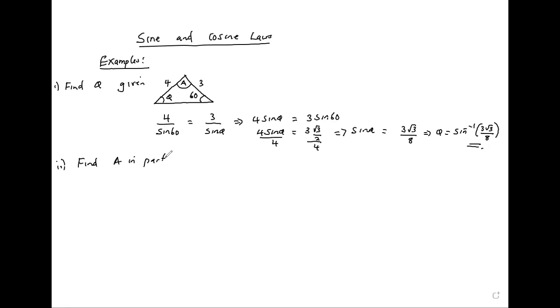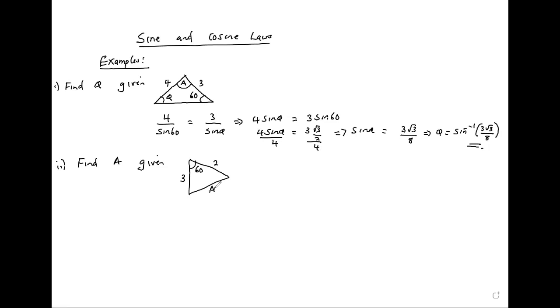Okay, let me not use part 1. Let me say find A given that you have a triangle of this form. This guy here is 60, and that is 2, and this is 3, and this is A. Find A.